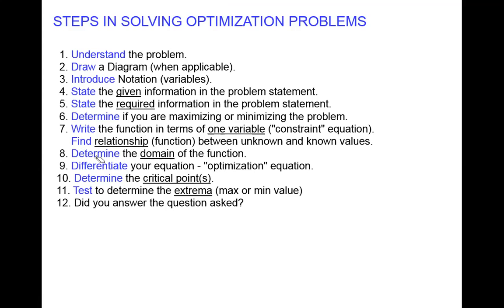And then in order to find the maximum and minimum value, we have to differentiate, find the critical points, determine whether these critical points are maximum or minimum, and then compare with the domain to find the absolute maximum or minimum. Testing using the first derivative test or maybe the second derivative test.